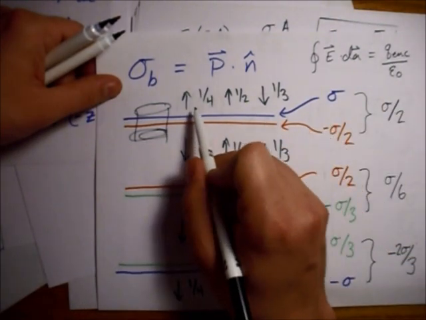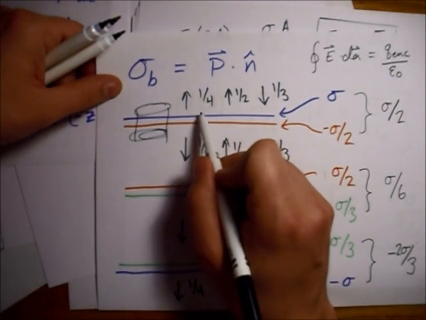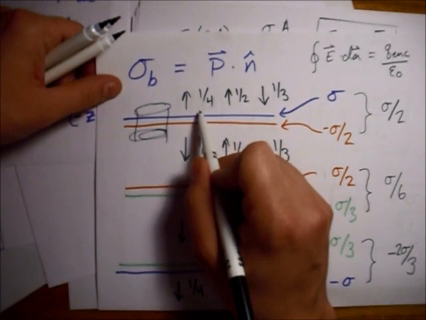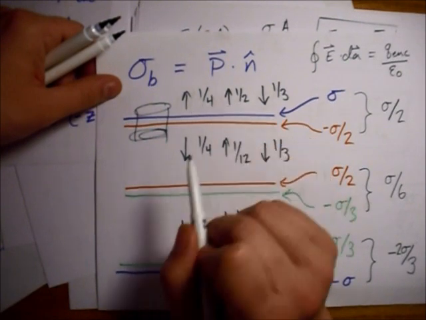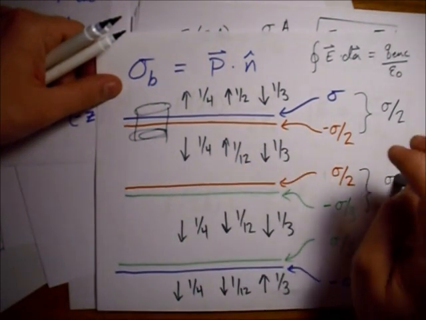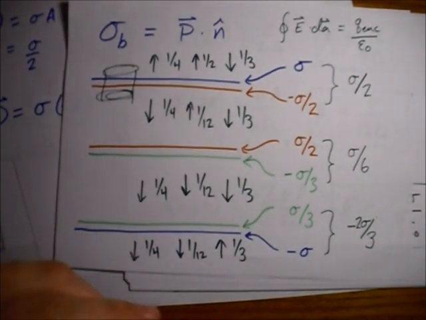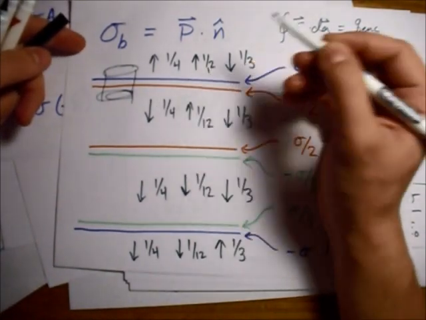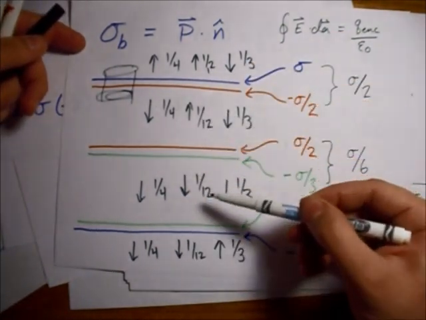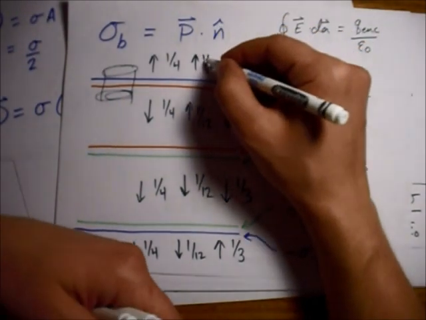So maybe I messed up something. All right, let me see if I can find a mistake. Yep, I wrote 1/2 here. That's a 12. See how these are all 1/12, 1/12, 1/12. Okay.